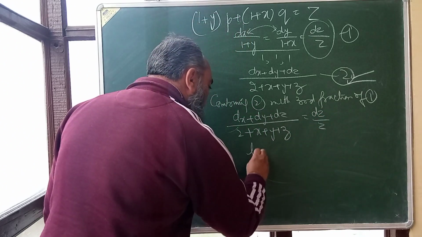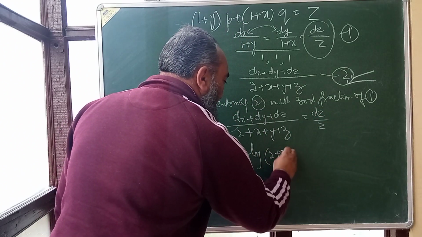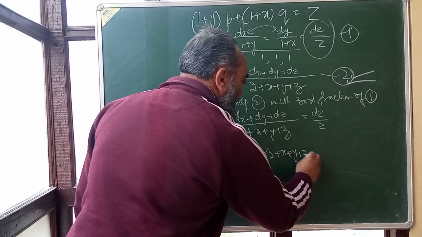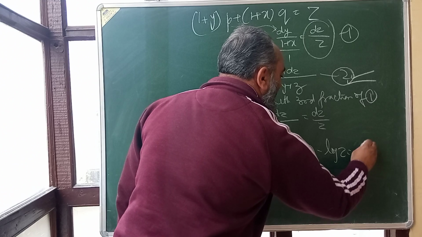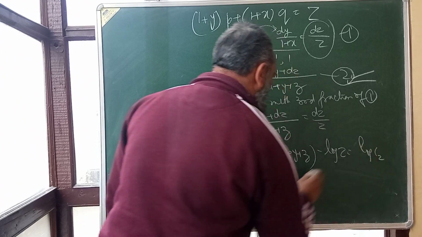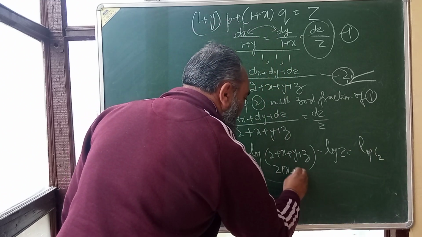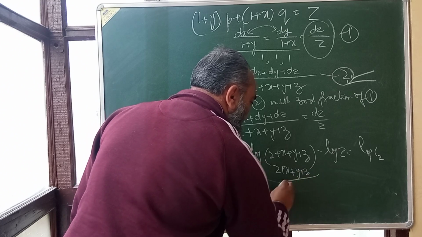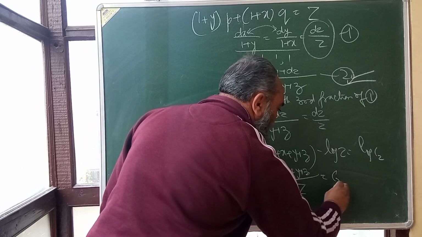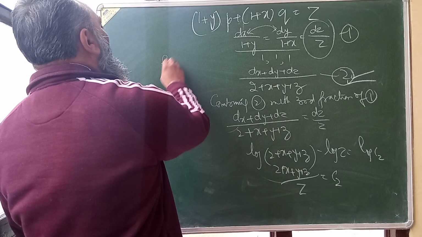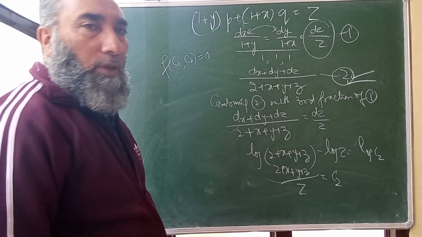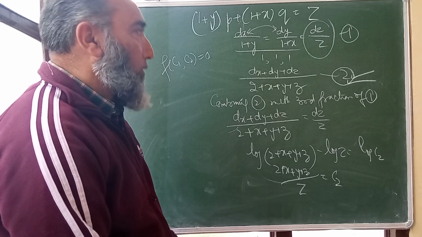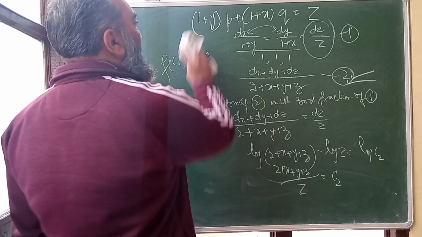So log of 2 plus x plus y plus z minus log z equals log of C2, or (2 plus x plus y plus z) by z is equal to C2. So the solution is a function of C1 comma C2 equals 0, or whatever way you would like to mention it. Next question.